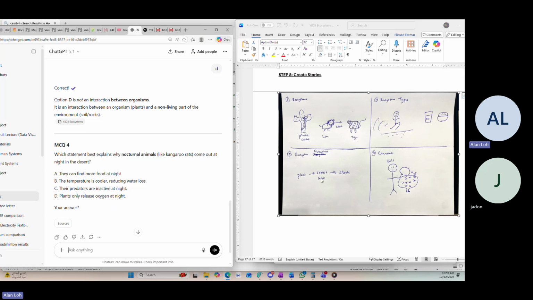Yes. No, it's this drawer. It's the tiger. Oh. Row number 1. You can find what. Okay, what's the answer? Temperature is cooler, reducing water loss. Okay. B.